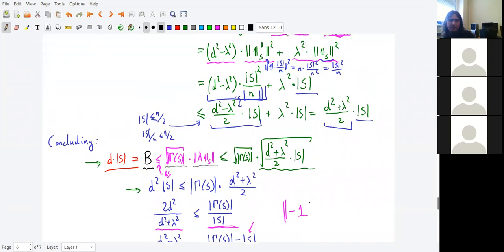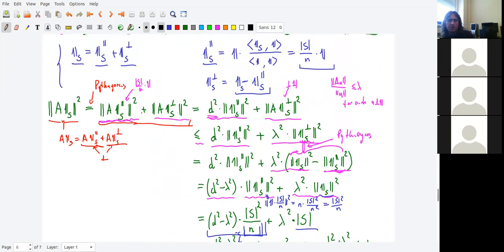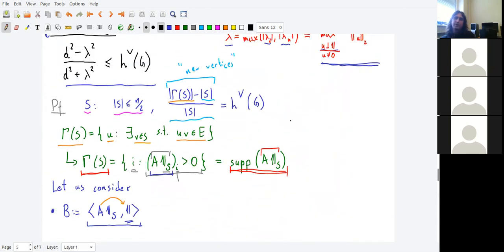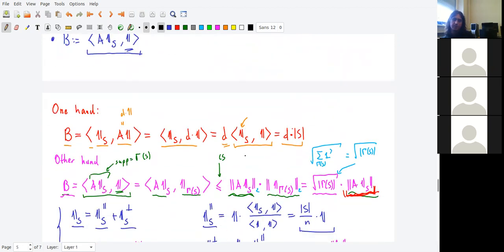But again, this is the same principle as before. We are trying to understand the vertex expansion in algebraic terms, and we are using the Cauchy-Schwarz inequality between carefully prepared vectors in order to introduce the term we are interested in into the equation.